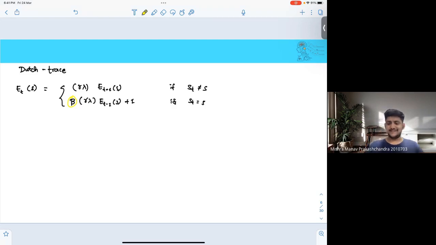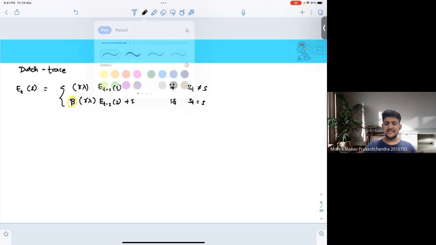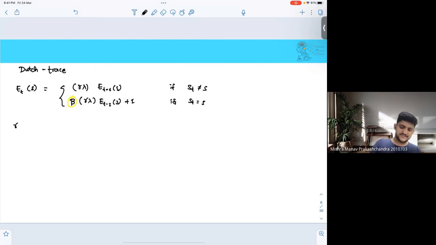Okay. Now, like I had said earlier, when I'm looking at eligibility traces, I have two parameters through which my eligibility decays. First is the gamma parameter. Second is the lambda parameter. This gamma parameter is also called the discount factor, and it is a parameter of the problem itself, right?